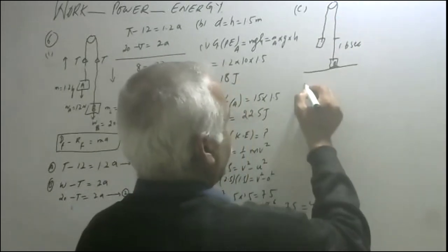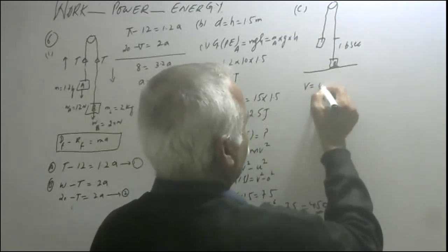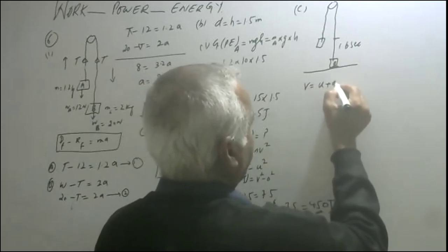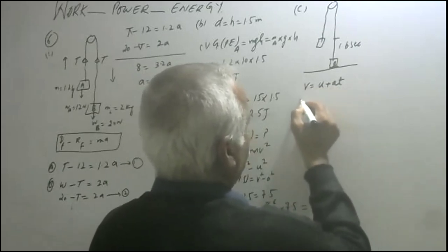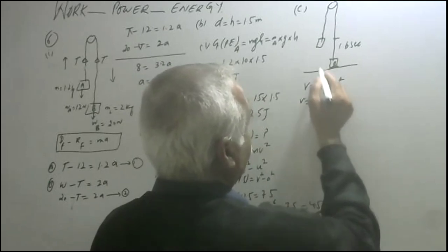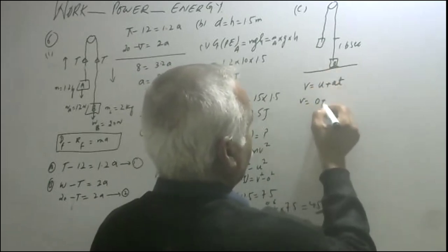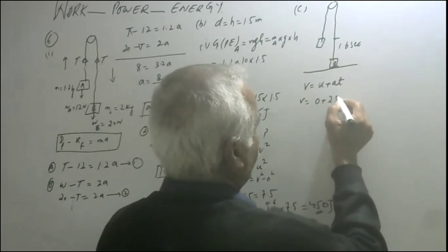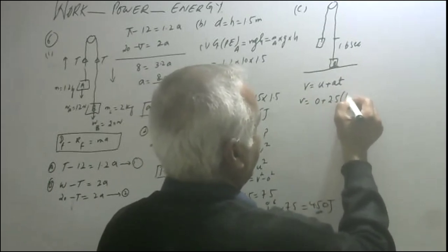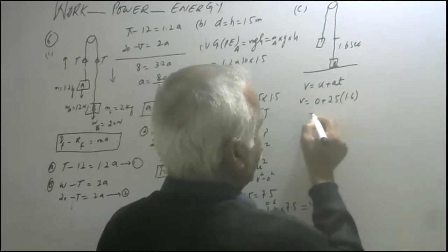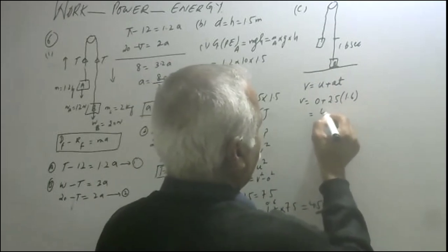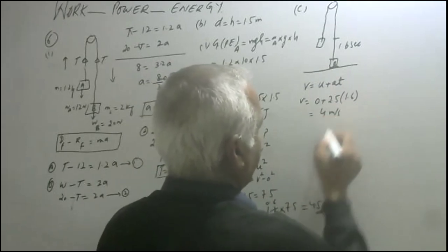So we know that V is equal to U plus AT. So V is equal to, U is A starting from 0, acceleration of A is 2.5 and the time is there 1.6. So that thing is equal to 4 meter per second.